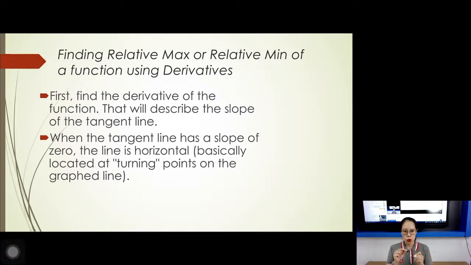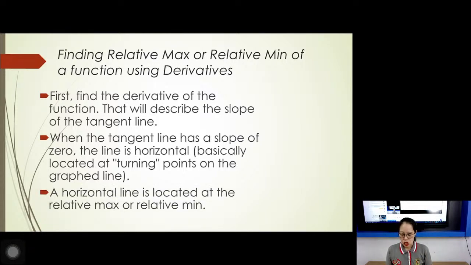It's the turning point of our function, where it either goes up or goes down. So the horizontal line is located at the relative max or relative min.